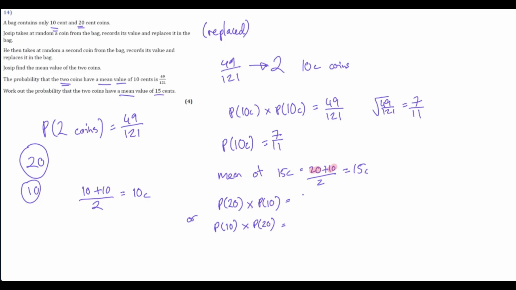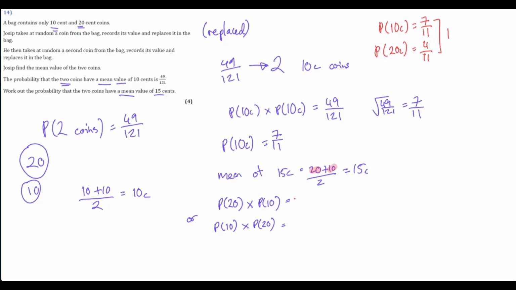So I'm going to write the probabilities on the top here. I should have done this earlier, actually. I've done it for 10 cents. So 10 cents equals 7 over 11. Probability of 20 cents is therefore 4 out of 11, because remember, this has to add up to 1.